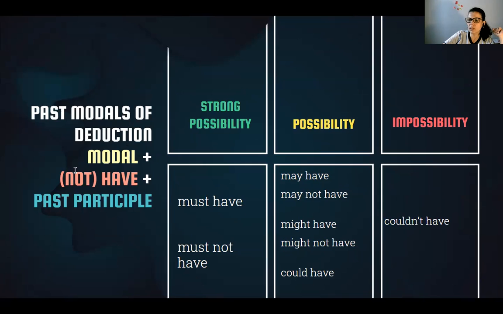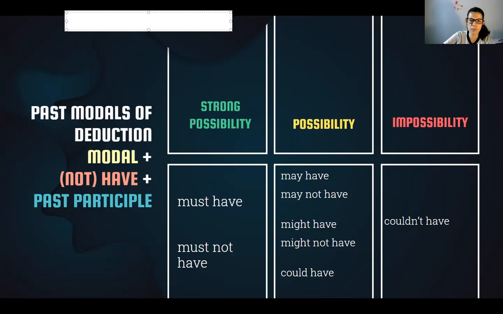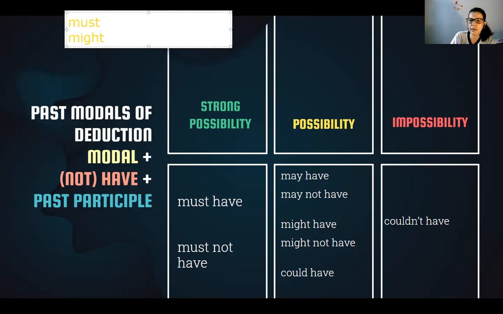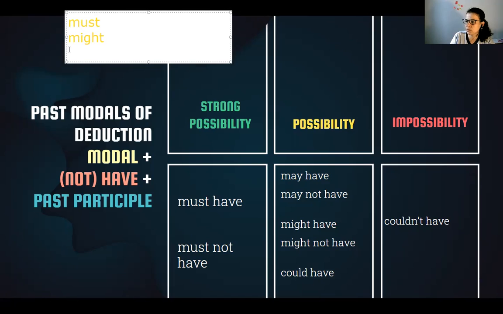We use the modal: must, might, or could. These are modal verbs, okay, and their respective negative forms.